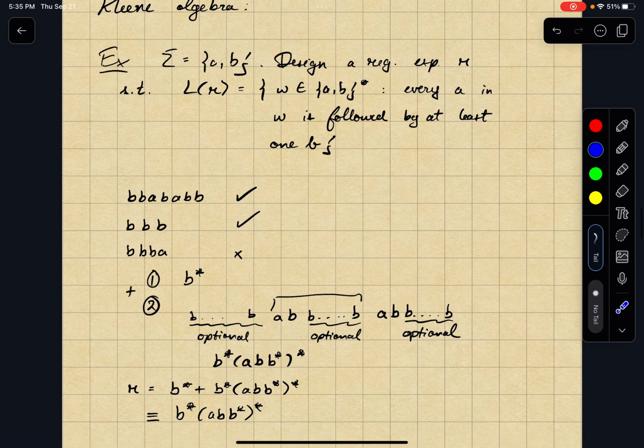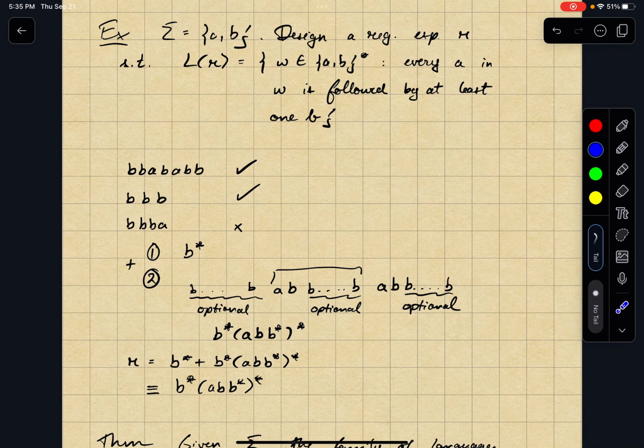Now I can join these two things together. These are the two cases, and they're exhaustive, so I can just take their disjunction and that should be a correct regular expression. That would be b star or (b star a b b star) whole star.